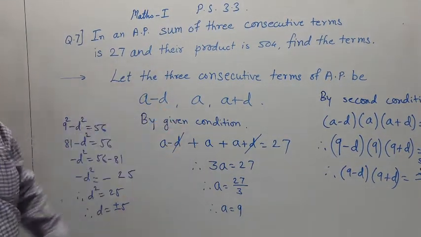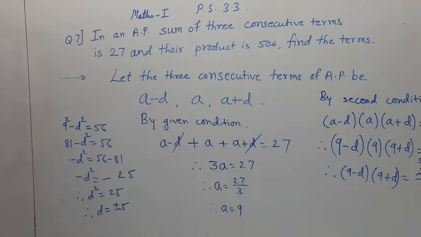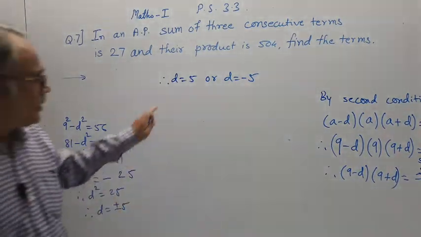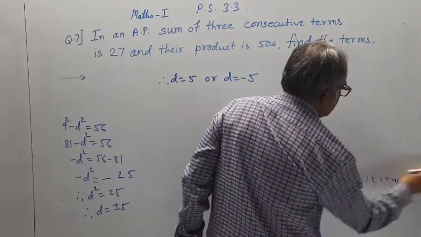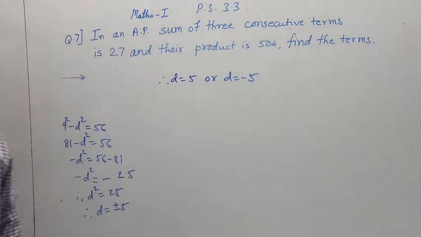What are the 3 consecutive terms? I will explain that. First write this much. Now therefore d is 5 or d is minus 5. Now using a as 9 and d as 5 we have to find the 3 values.